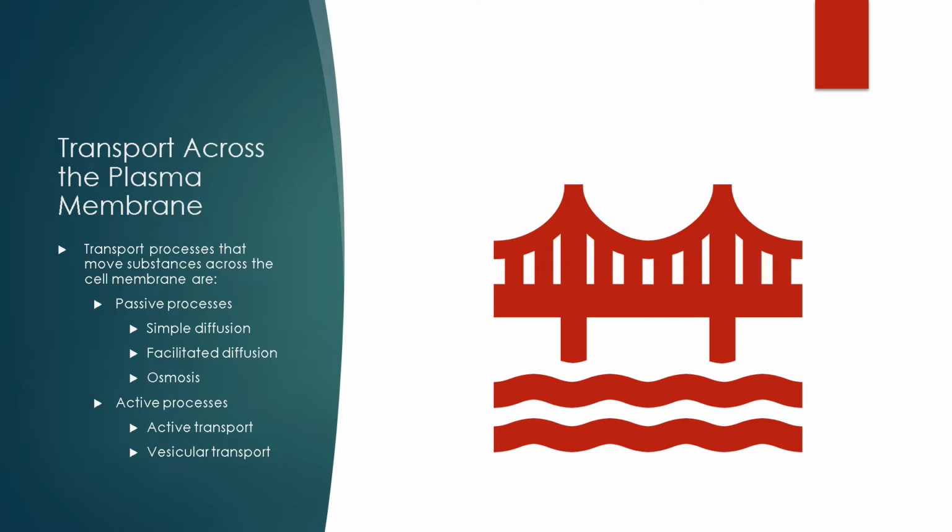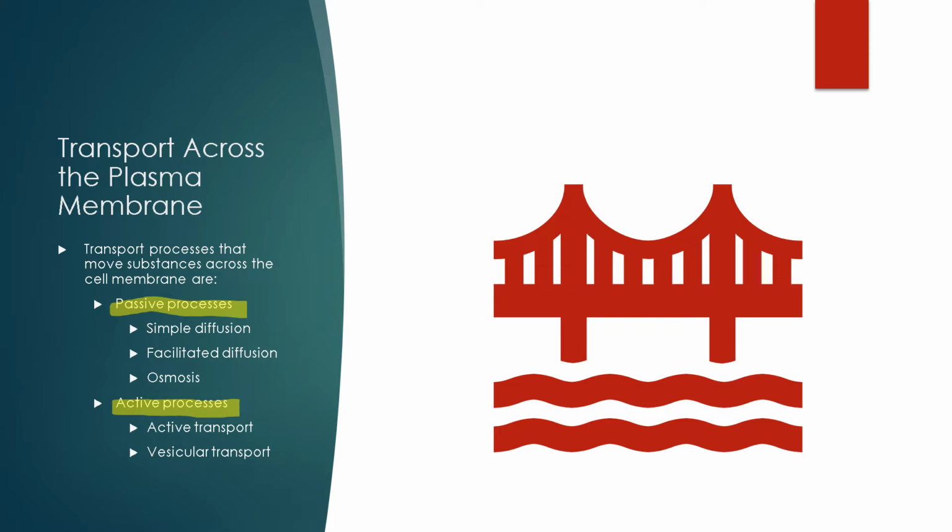Now, transport of materials across the plasma membrane is really essential for the life of a cell. Substances generally move across cellular membranes by transport processes that can be classified as either passive processes or active processes. This really depends on whether they require cellular energy to move.